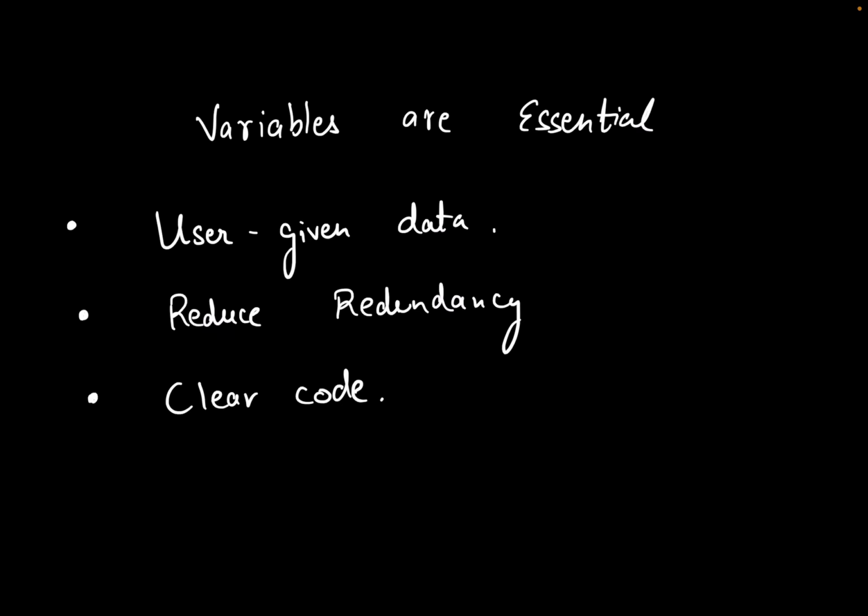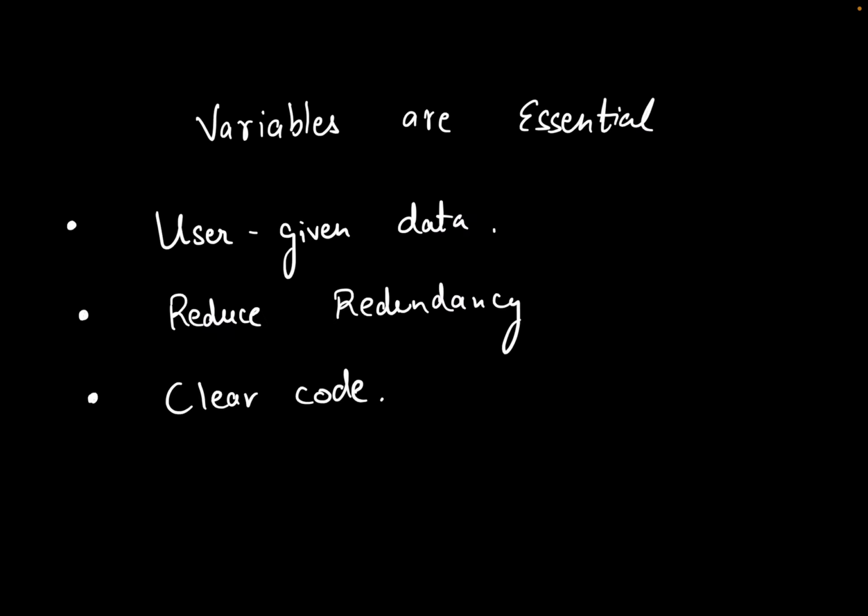This can create a lot of errors and inconsistencies in your program. Instead of doing this, we just store the value 20,000 in a memory location, give a variable name to that memory location, and use this variable whenever we want to use this value in our program. Now if we want to change that value, all we have to do is go to the memory location and change the data there, and automatically all the instances where this variable is being used will be updated with that new value.